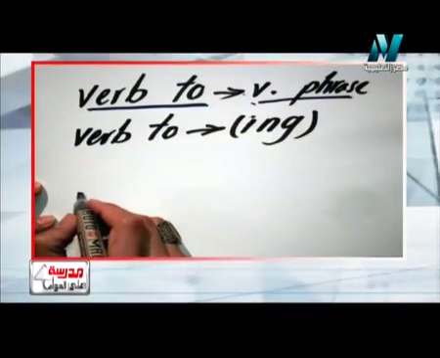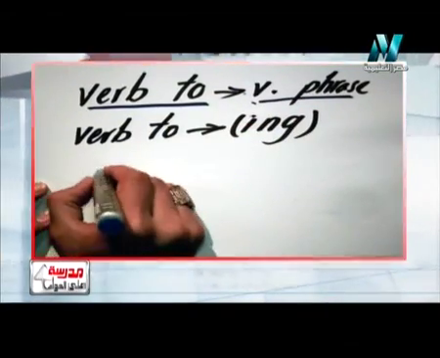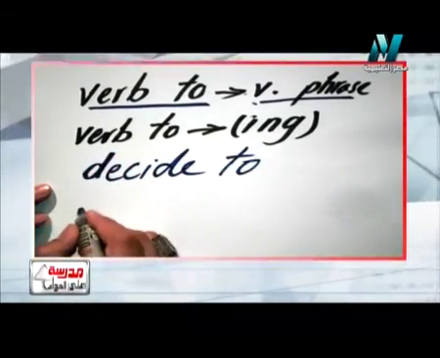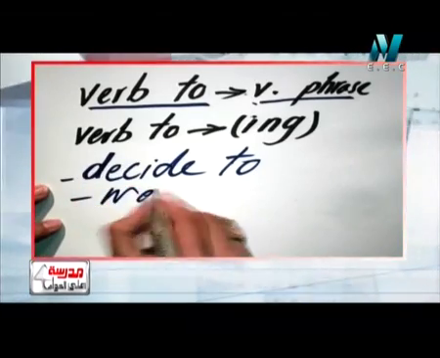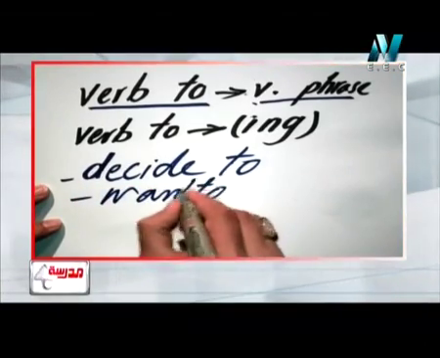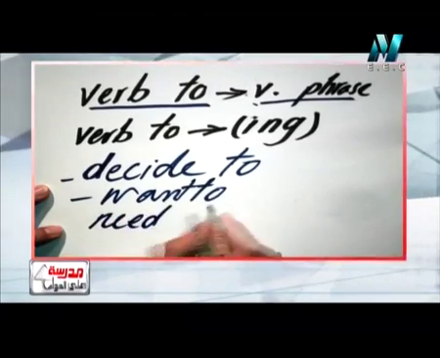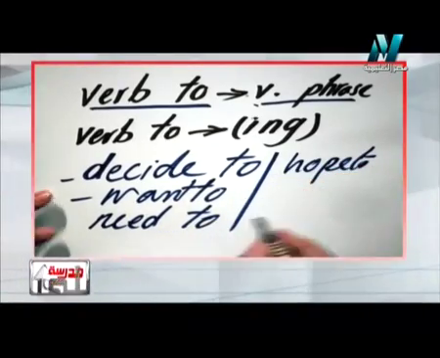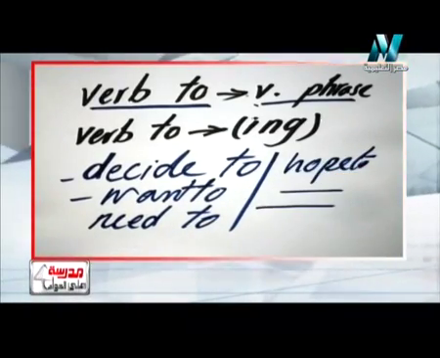Like decide to, want to, need to, hope to. All of these verbs, in order to, so as to, are usually followed by a verb in the infinitive form.